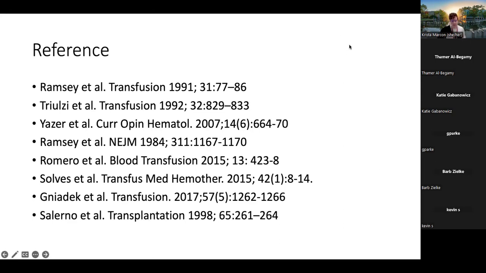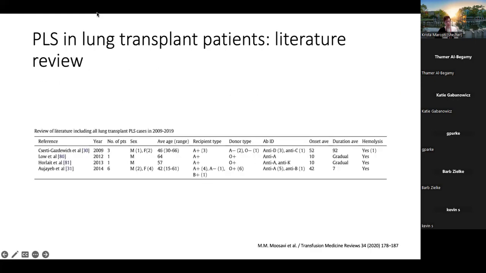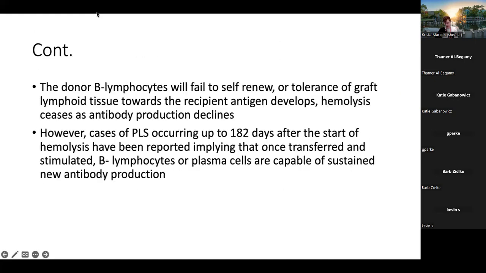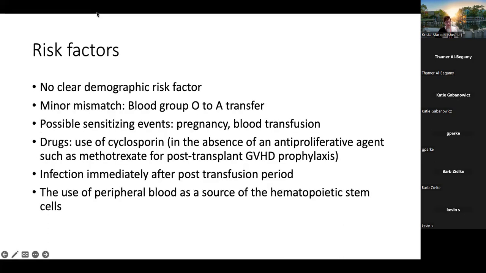Thank you, Thamer. I have a practical question for you and the crowd. With these patients with non-ABO antibodies from passenger lymphocyte syndrome, I'm just wondering how you would treat these patients in the future for transfusion medicine purposes and cross-matching, because they will have had a history of an antibody picked up on a previous investigation, but it's a temporary antibody.